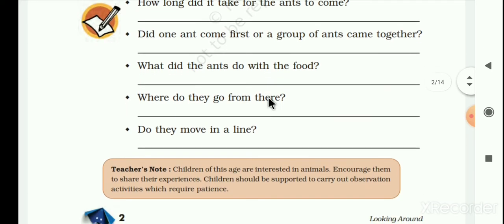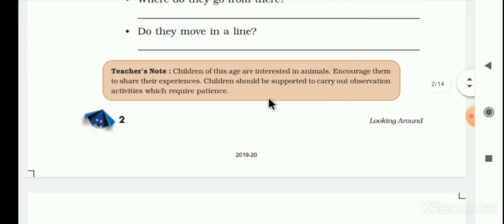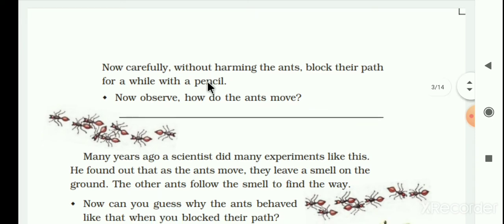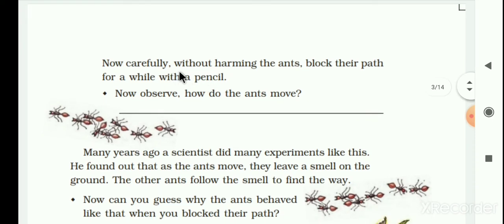Now let's have a look at the other one. Now carefully, without harming the ants, block their path for a while with a pencil. Now what do you need to do? If you see the line of ants coming, then you just block it. But make sure you don't block it with your legs, otherwise they are going to bite.